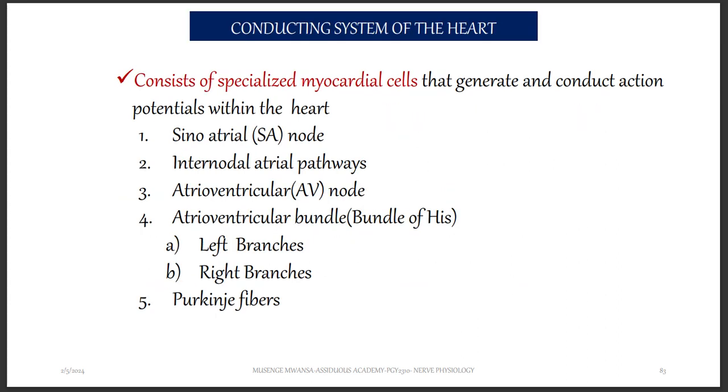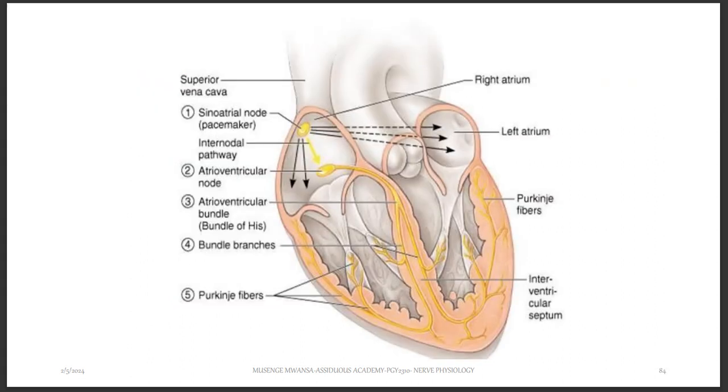The conduction system of the heart consists of the SA node, the internodal atrial pathway, the AV node, and the atrioventricular bundle of His, which can go to the left bundle branch or the right bundle branch, and then the Purkinje fibers.